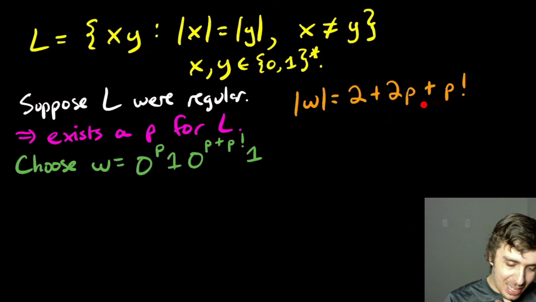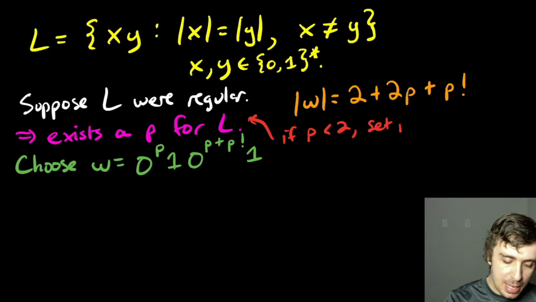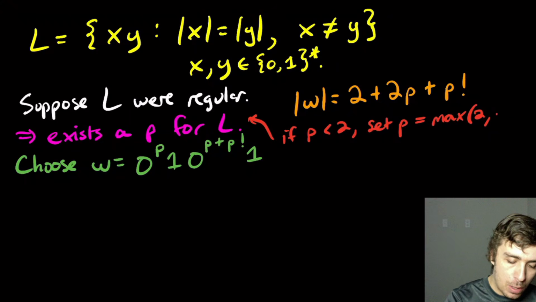So we might as well assume that p is at least 2, and if p is smaller than 2, then we'll set p to be equal to the maximum of 2 and p.